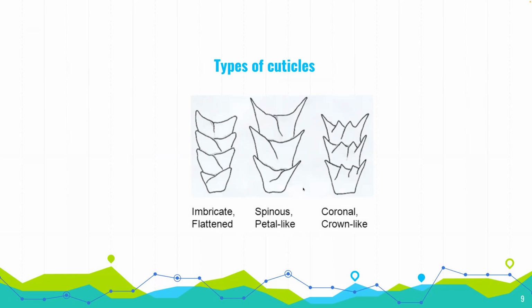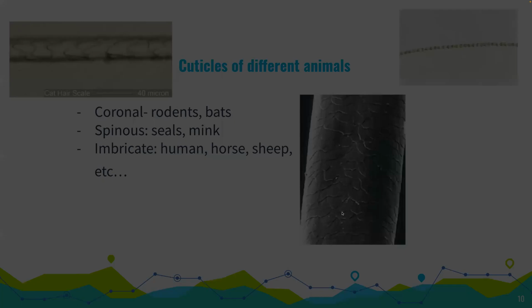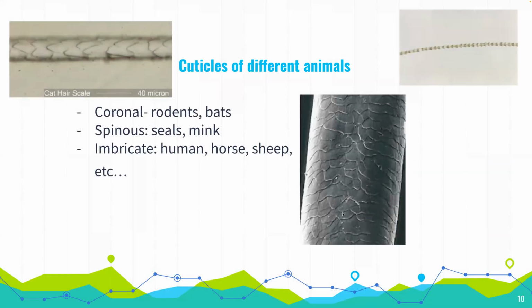In my opinion, it's basically just spiky. And then the coronal, which look like little crowns stacked on top of each other. In these there are also more subgroups, but there's a lot of them, so I don't think we'll be getting into that. Although definitely if we have time, I could do that.